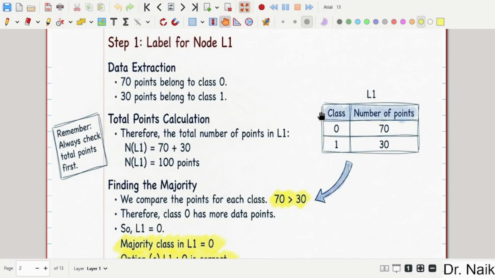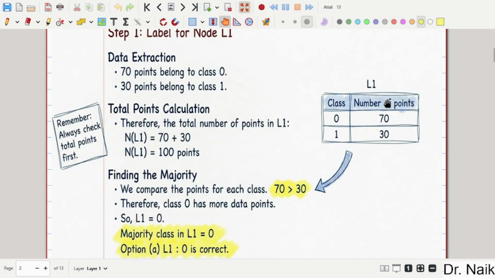The data given to us is that 70 points belong to class 0 in L1 and 30 points belong to class 1 in L1. So the total number of points is 70 plus 30. That means L1 has a total of 100 points.